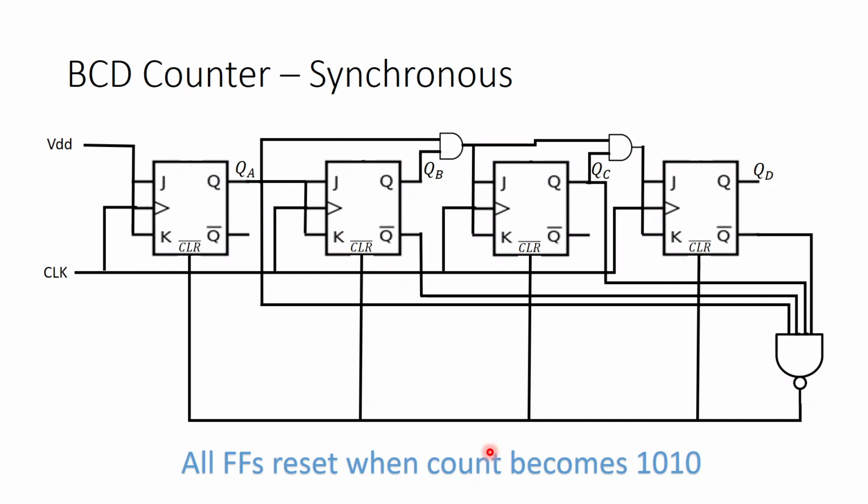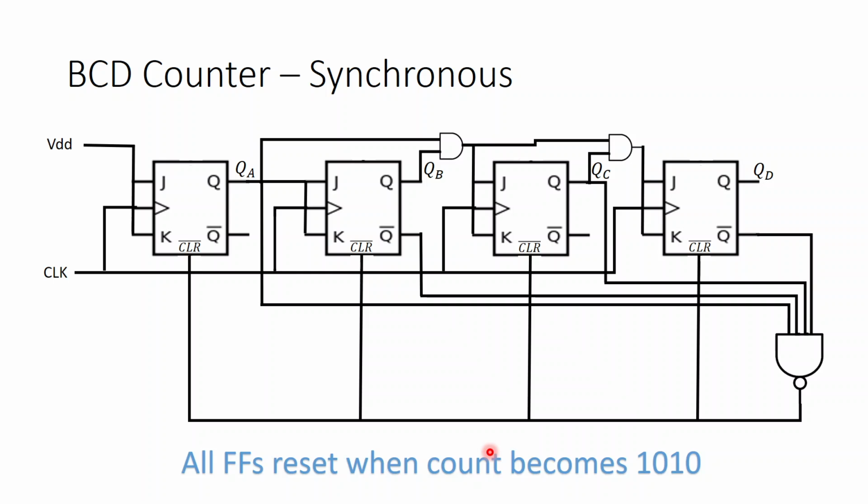We must come back to 0000. But normally if you construct a 4-bit counter, you know that it will count till 1111 and then come to 0000. So we have to make an intermediate circuit so that whenever the output is 1001, at the next clock cycle my output should be 0000.